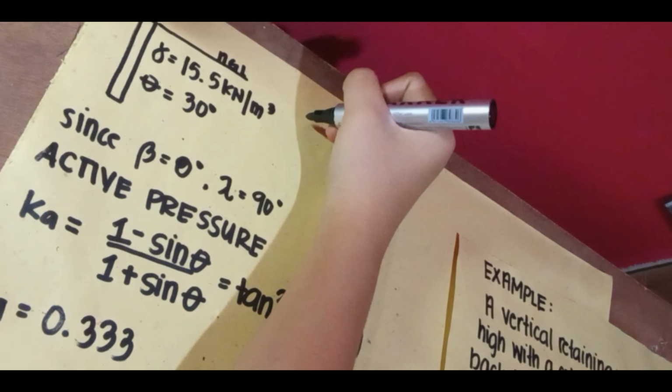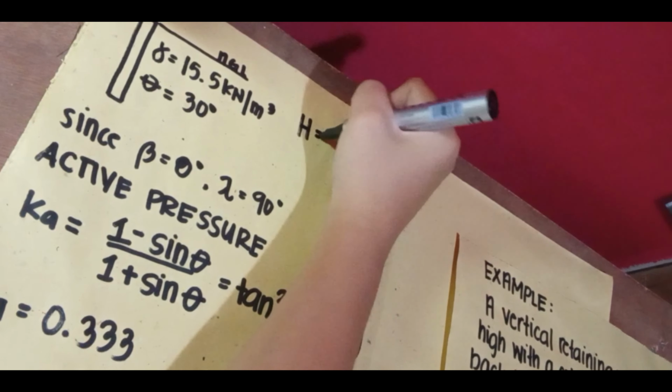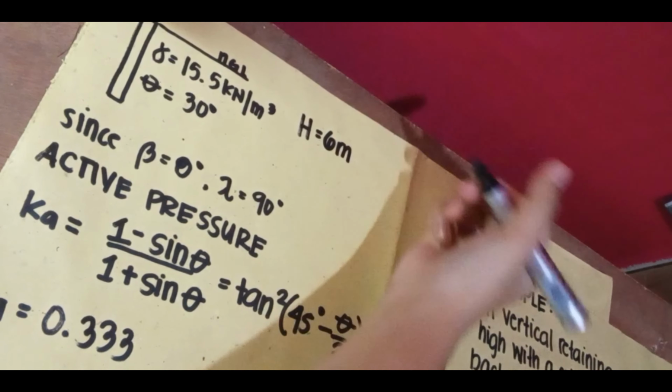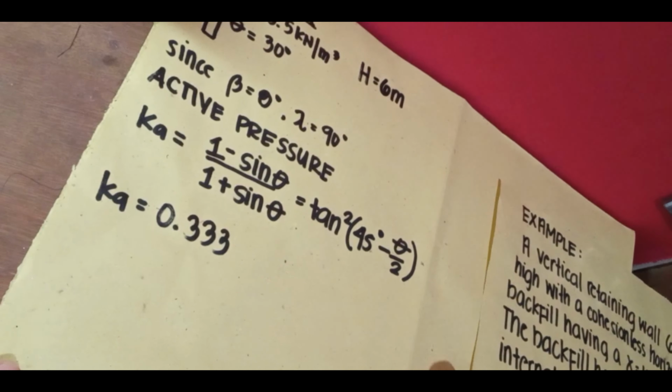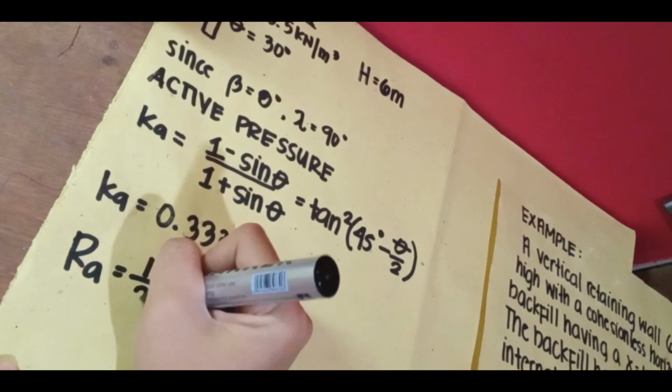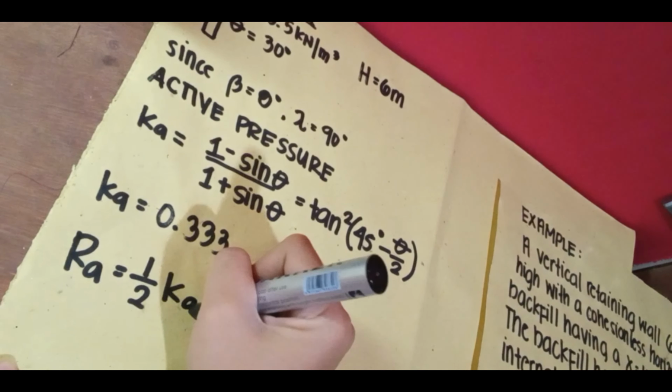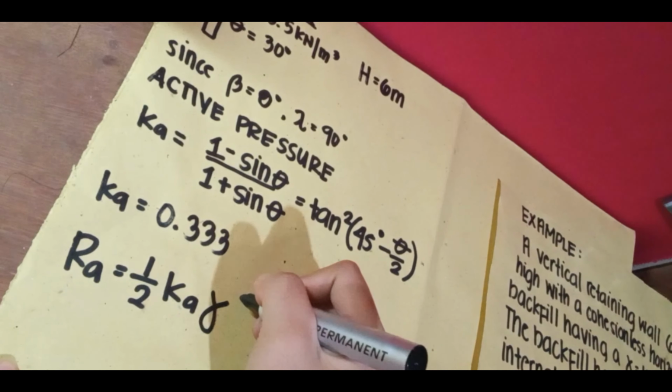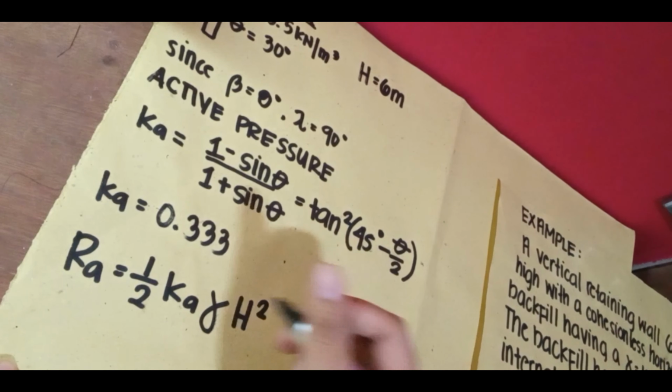So, we all know that our height is 6 meters. The formula of RA is 1/2 times K sub A times the unit weight times the square of the height.